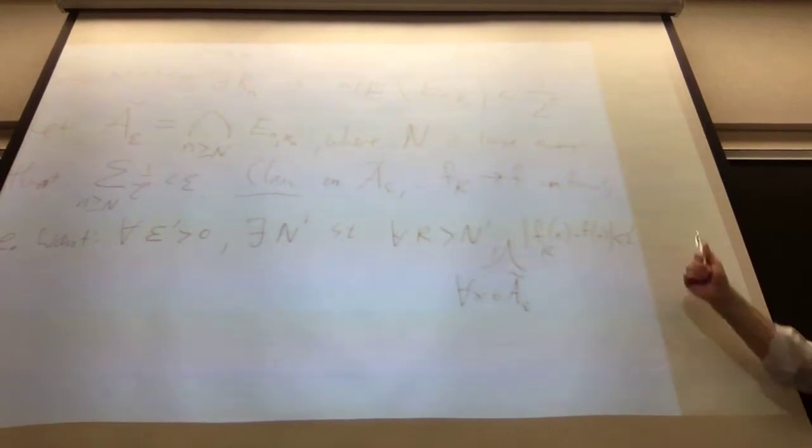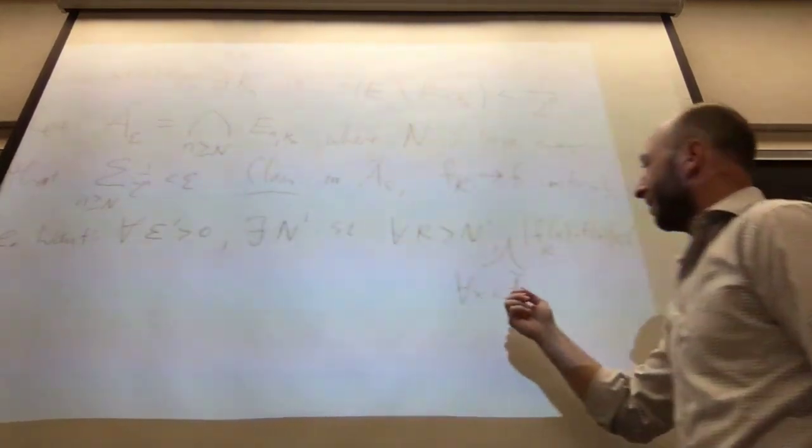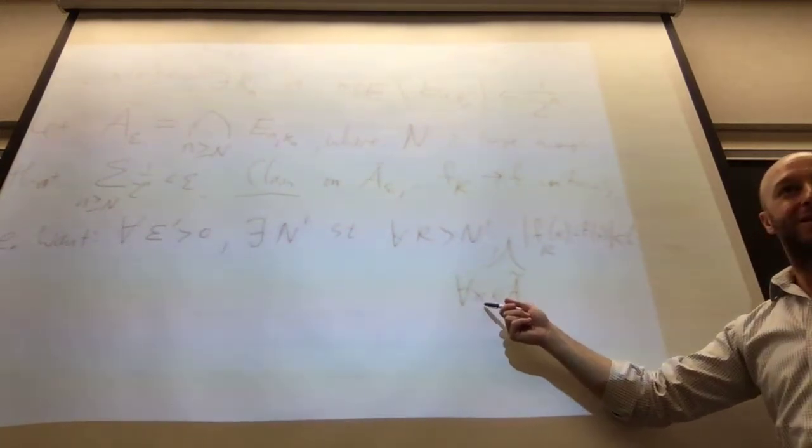This is what uniform convergence on this A epsilon means. It means we get to choose this n independent of x.